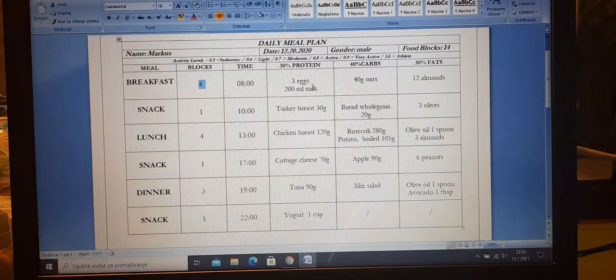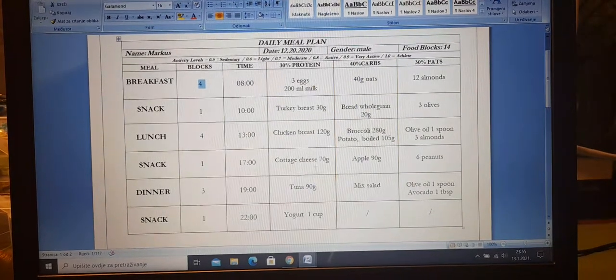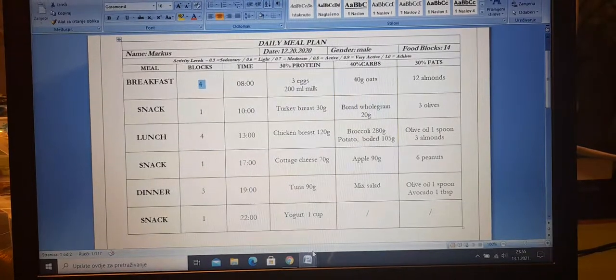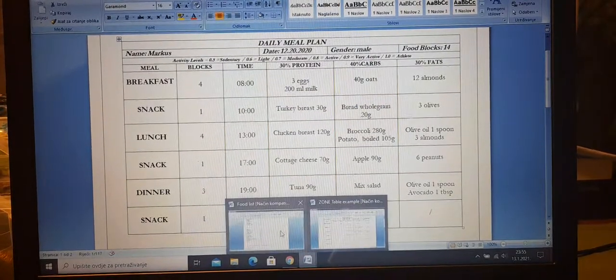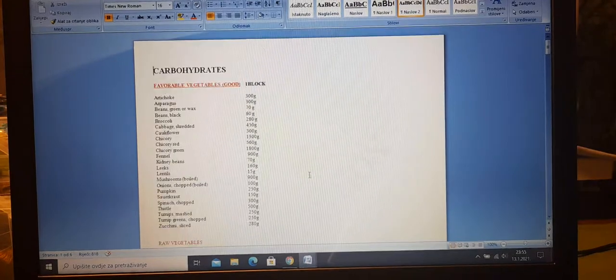So let's see now with this example. Let's start with the proteins. For the proteins I choose 3 eggs and 200 milliliters of milk. So how do I get this result? For this we need our food list, which you also get in the package from me.